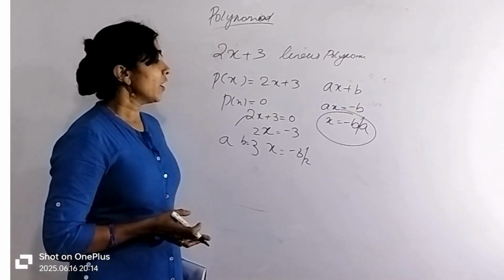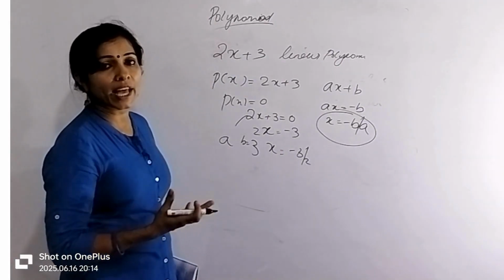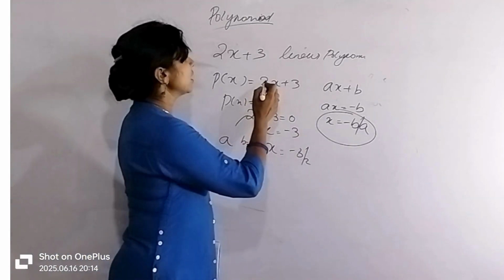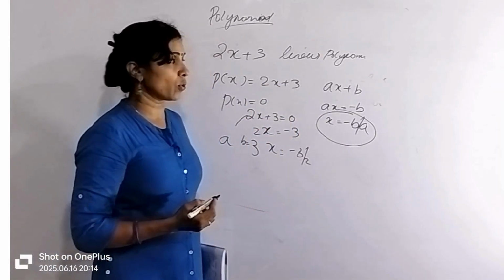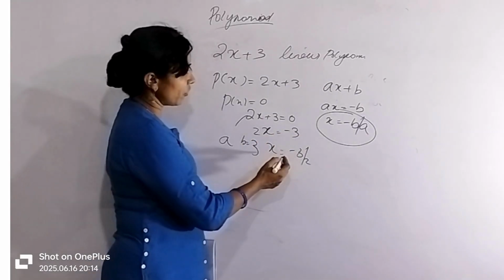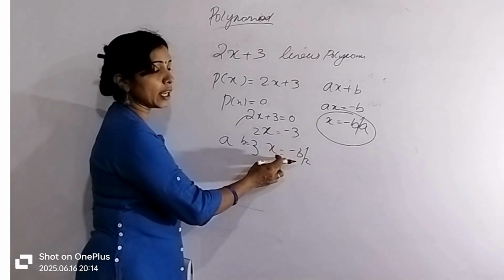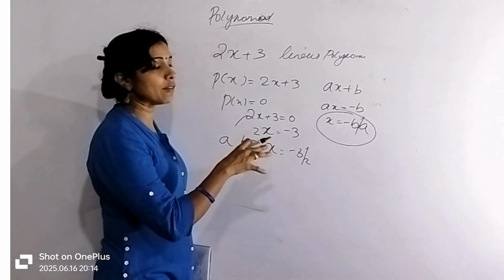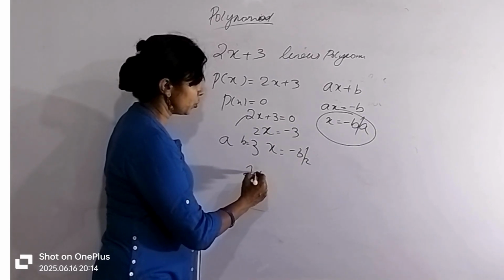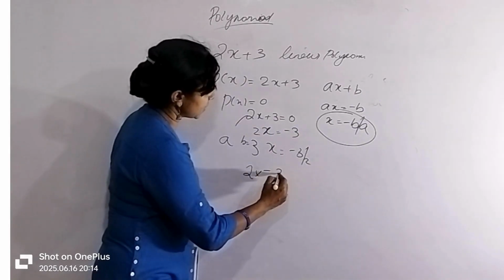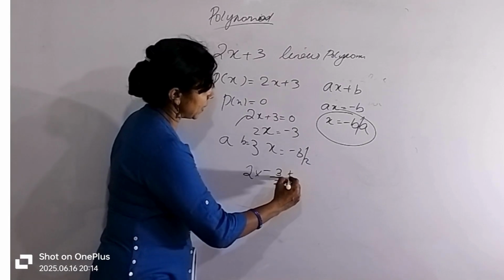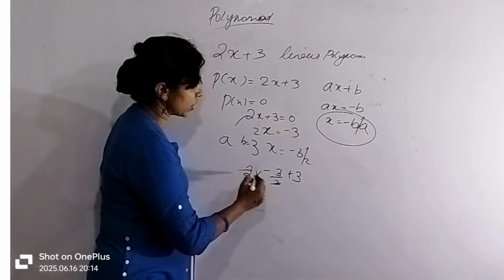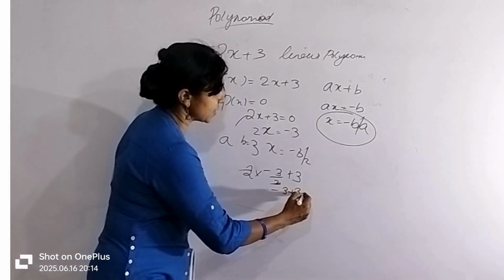Zero means the value for which the resultant polynomial will be 0. That means if we give the value x is equal to minus 3 by 2, the value of this polynomial will be 0. Just look at 2 into minus 3 by 2 plus 3 is equal to, this 2 and 2 cancel, so minus 3 plus 3 is equal to 0.